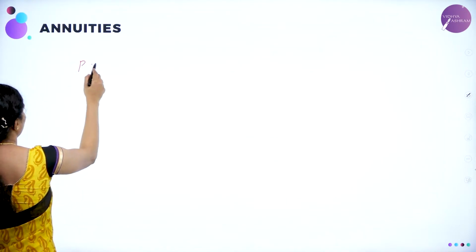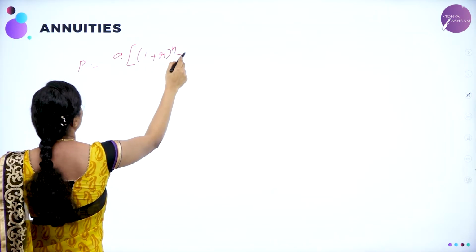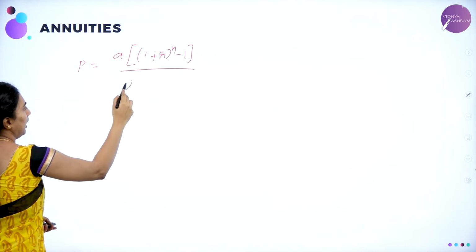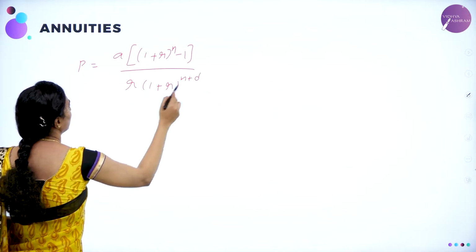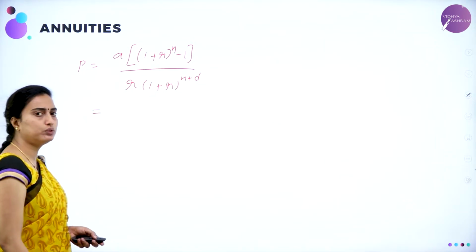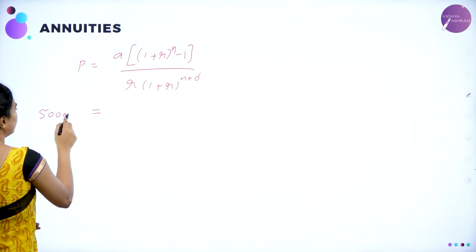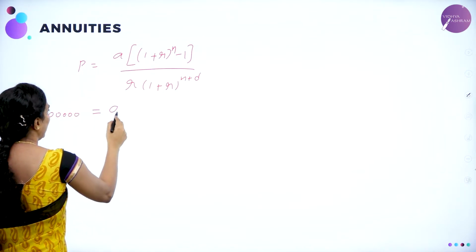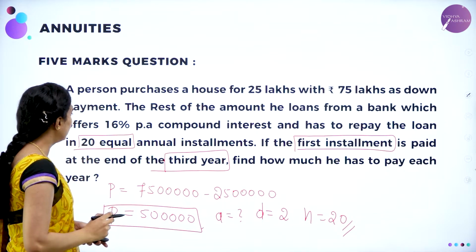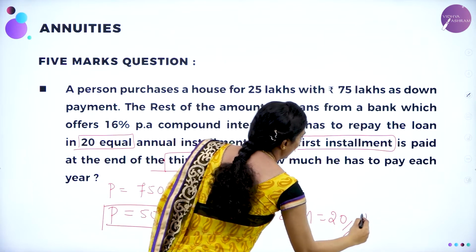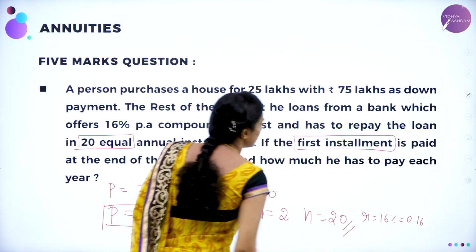So, what is the formula you are having? P is equal to A into (1 plus R to the power of N minus 1) divided by R into (1 plus R to the power of N plus D). Now, P is 50 lakh, but we don't know A, so A as it is I am writing. R is 16%, which can be converted into 0.16.